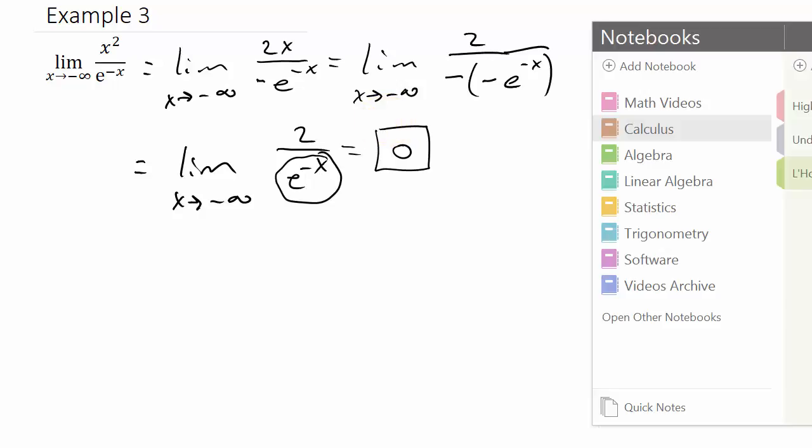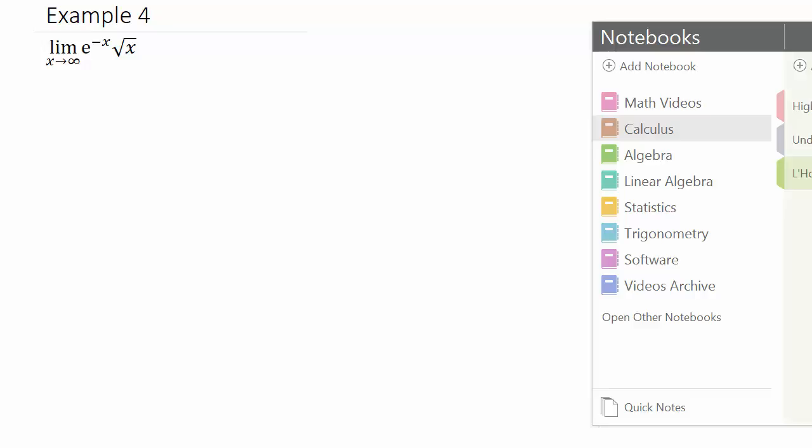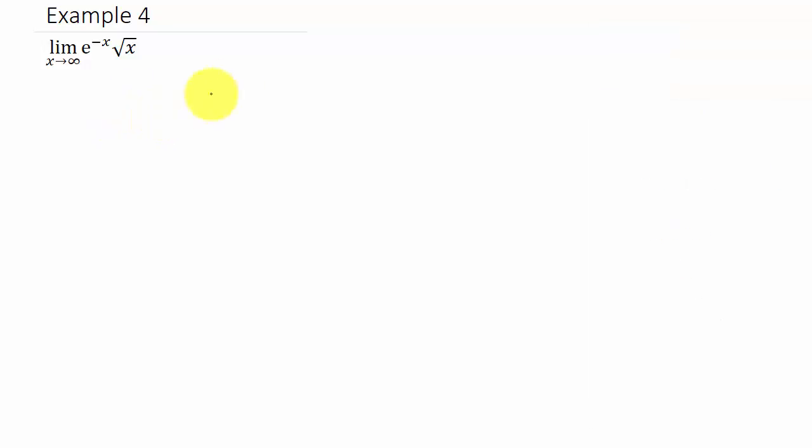Alright, let's take a look at example 4. Here we have the limit of e to the negative x times square root of x as x goes to infinity. As x goes to infinity, the square root of x is going to infinity.